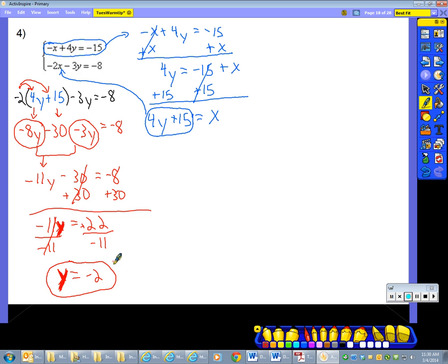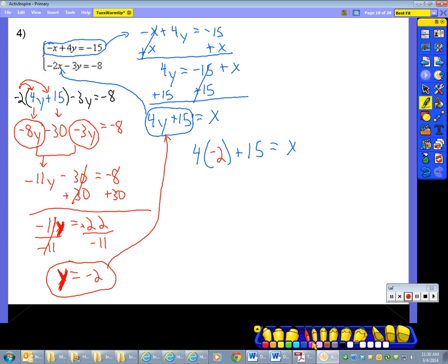So what I can do with this now is I can take that, y equals negative 2, and sub it in for y, and then see what x is. So what this equation is going to look like is 4 times, and I'm going to sub in negative 2 in place of y. Plus 15 equals x.